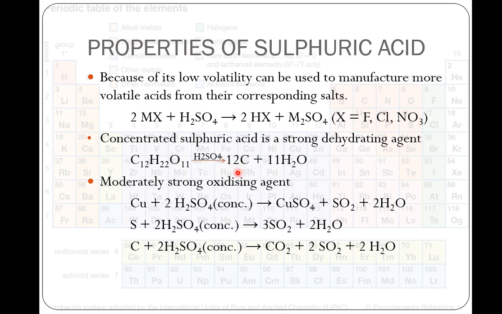You will get carbon. Moisture will be removed. Hot concentrated sulfuric acid is a moderately strong oxidizing agent. It oxidizes copper to copper sulfate, sulfur to sulfur dioxide and carbon to carbon dioxide.